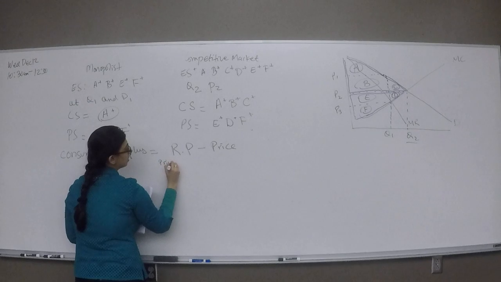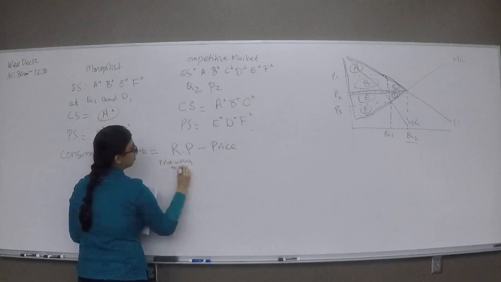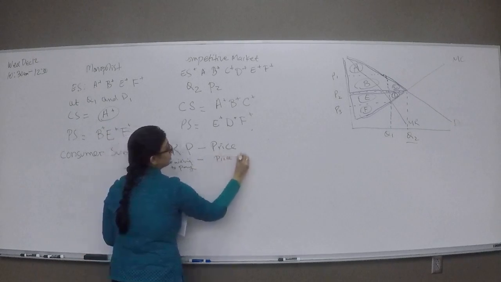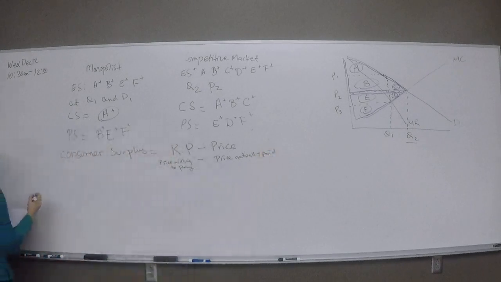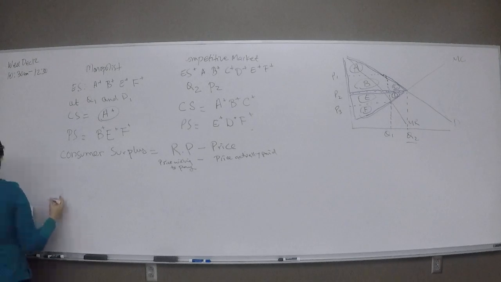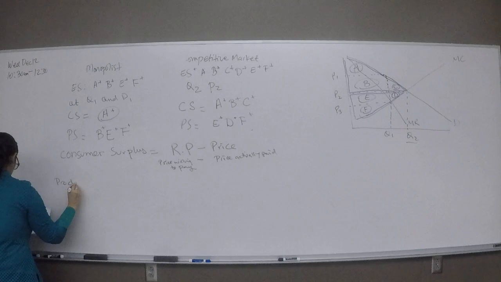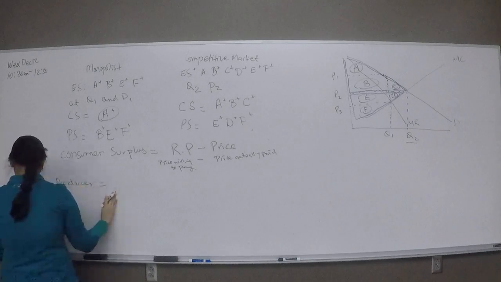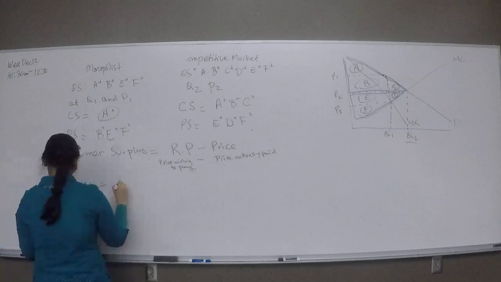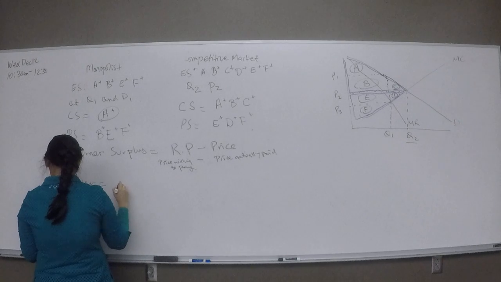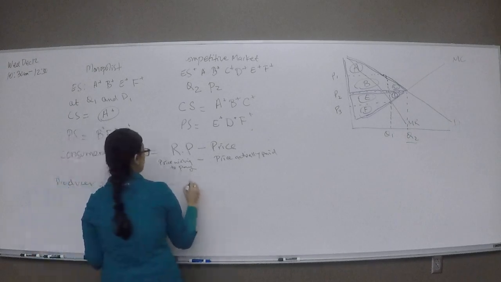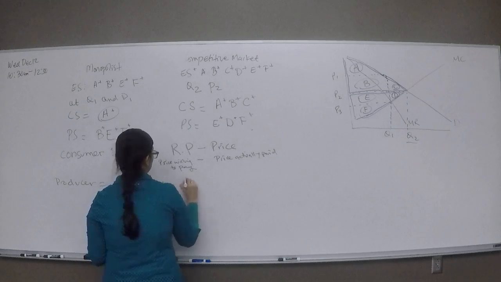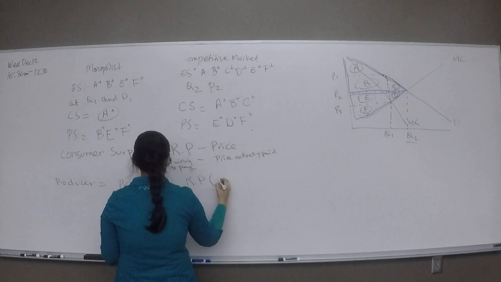For a producer, it's price received minus reservation price or maximum willingness to sell.